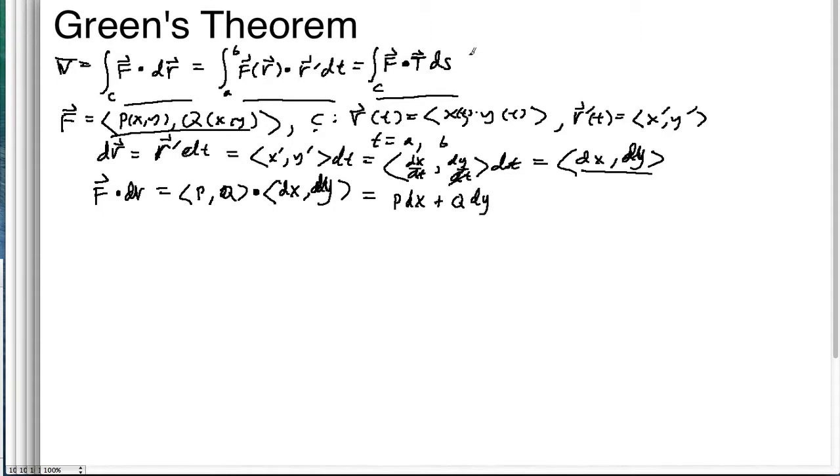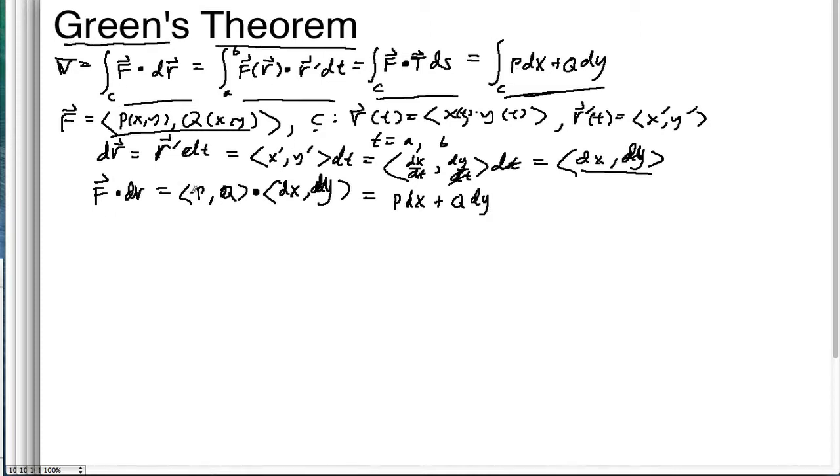So now we have another way of expressing the same work integral or line integral through a vector field. We're going on the path C, and we're going to write it as P dx plus Q dy. It turns out this representation exposes some nice structure about the line integral that we're going to exploit today when we talk about Green's theorem.